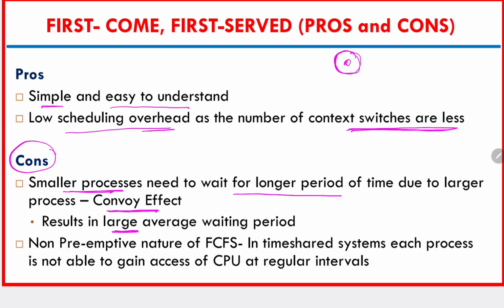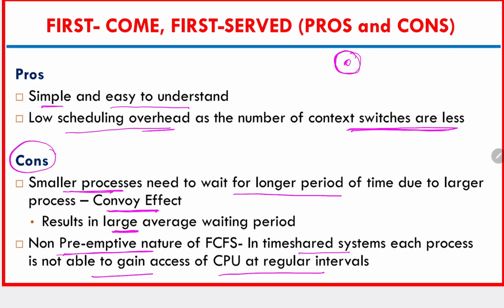The second thing is FCFS is non-preemptive, which means that once a process gains the access of CPU, the control cannot be forcefully taken back from that process and given to other processes. So in case the system is a time shared system, each process is not able to gain access of CPU at regular intervals.